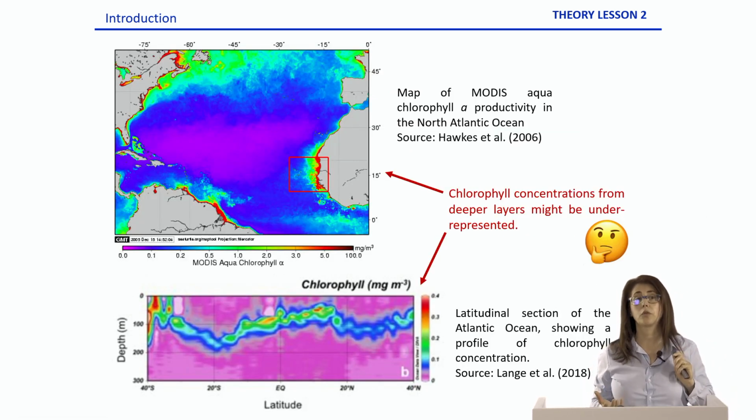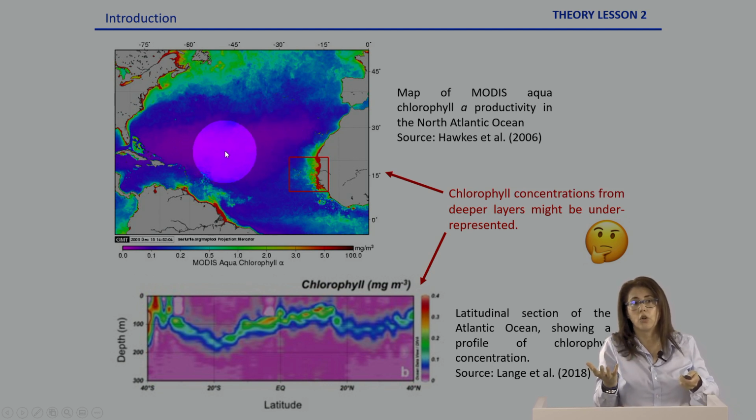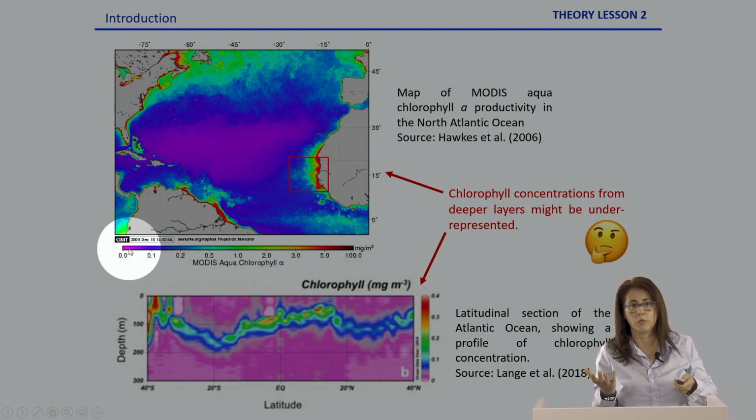This can also be observed in this map here. This is a map of MODIS Aqua chlorophyll-a productivity in the North Atlantic Ocean, and we can see that according to the satellite image, most of the central North Atlantic doesn't have any chlorophyll concentration. If we see the color scale here, we see that the values are approximately 0. So there is no chlorophyll.